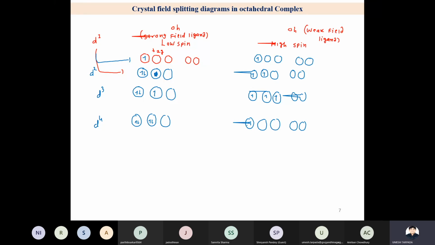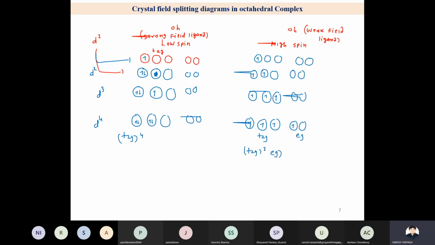Electron remains unpaired, so here one electron and one electron goes to EG, this is T2G. यहाँ पे T2G4 आएगा, यहाँ पे T2G3.